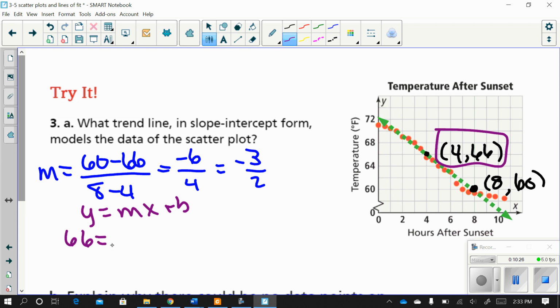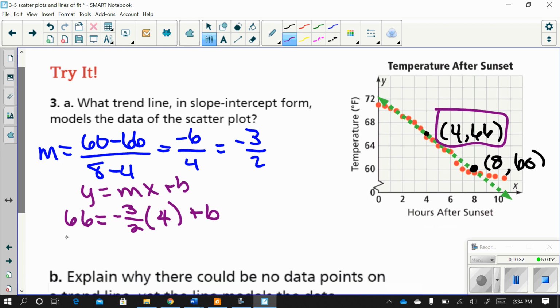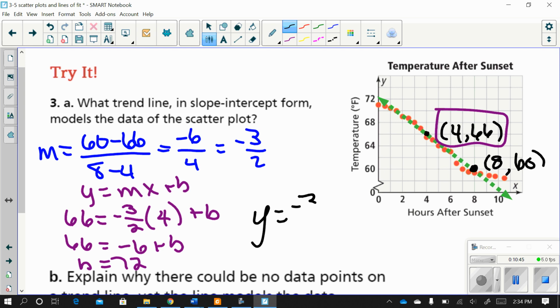So 66 equals negative 3 over 2 times x, which is 4, plus b. 66 equals, let's see, negative 6 plus b. B equals 72. So based on the line I drew, you'll have the equation y equals negative 3/2 x plus 72.